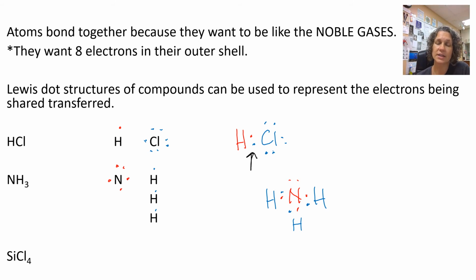Nitrogen has its 8 electrons, so it is the one achieving the noble gas configuration. Hydrogen is a contributor to that. Hydrogen actually meets what they sometimes call the duet rule, and it's happy with 2 electrons. So if it is sharing or adjacent to 2 electrons, it is full.